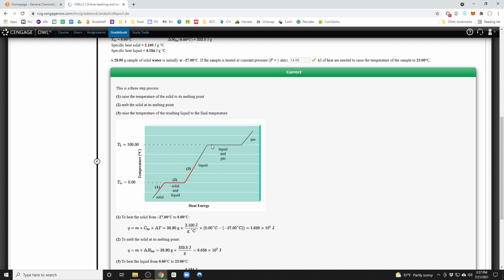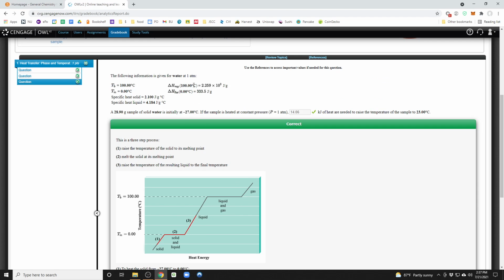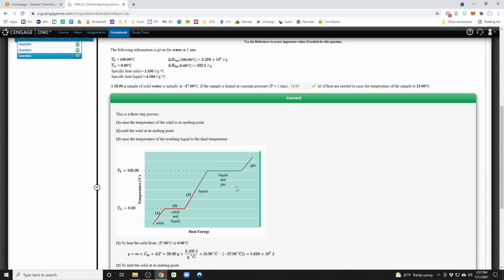You don't have your temperature going up because the energy is all being used in phase change. And then you're going to heat the liquid, meaning the temperature will go up as you put in more heat. And then finally you get up to here where you're going to have your boiling point. At your boiling point, you'll have your phase change from liquid to gas. That's what boiling means. And that's just going to correspond to this delta H of vaporization. By the way, the lengths here directly correspond to these numbers here, if you're ever curious why those look like they do. And then finally, the last region that's possible is the gas heating.